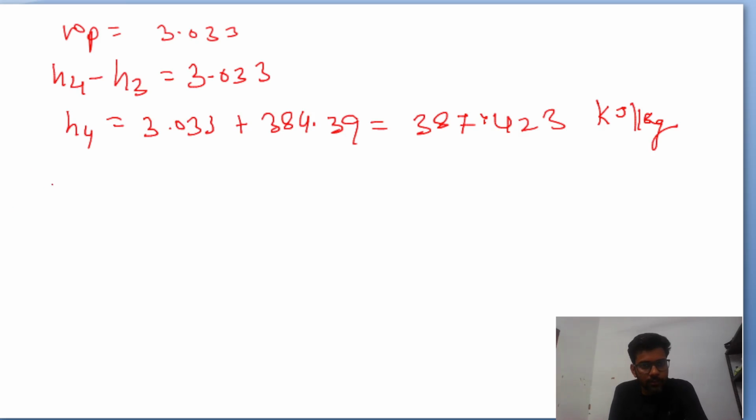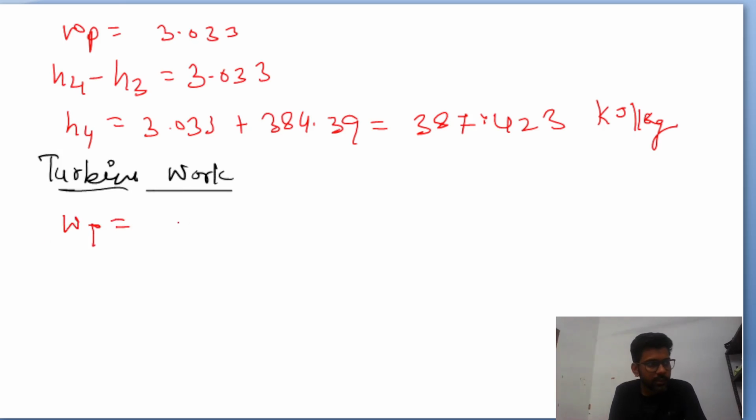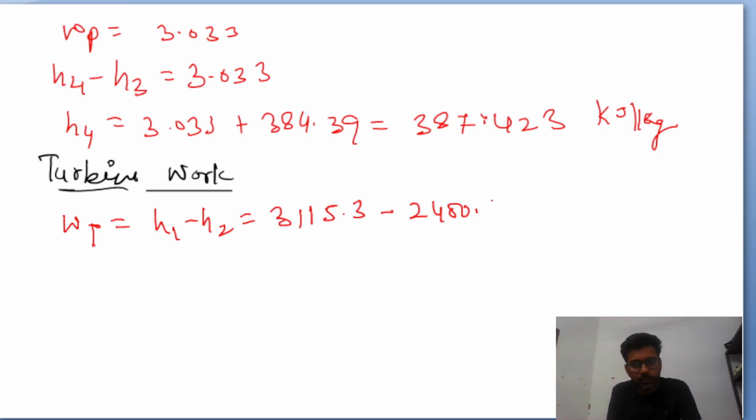Now the turbine work, which is Wt, that is H1 minus H2, which is 3115.3 minus 2400.95.